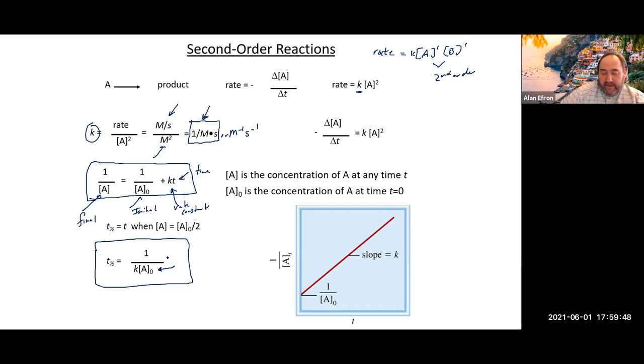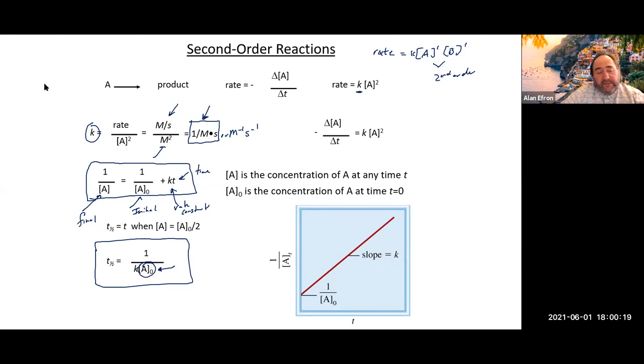So it can have a big effect on whether you end up with a longer half-life or a shorter half-life. Just mathematically thinking about it, if you started out with an initial concentration that is larger, you'd be dividing by a larger number, which will give you a smaller number, as opposed to if you had a smaller concentration, you divide it, you'll get a larger number. So again, it will have an effect on the half-life.